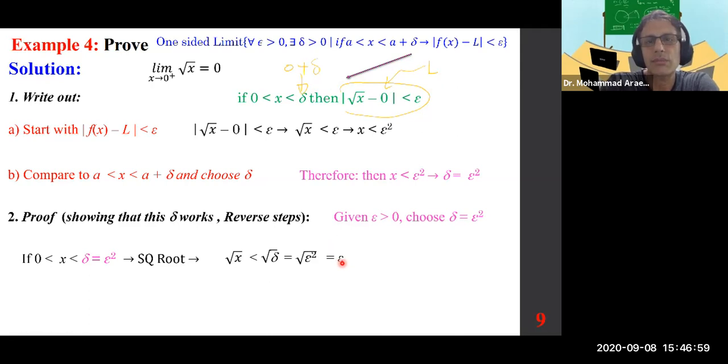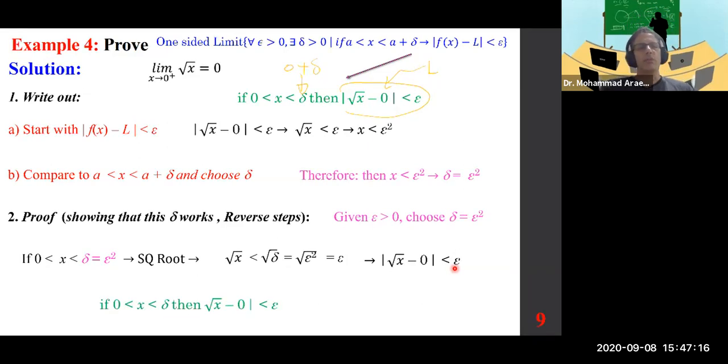And that's practically this result that we have. And so we are going to write it as this result, okay? Absolute value of square root of x minus 0 less than epsilon. Which means now, going back, starting with this, this is what we started, we are going to write it here, if.